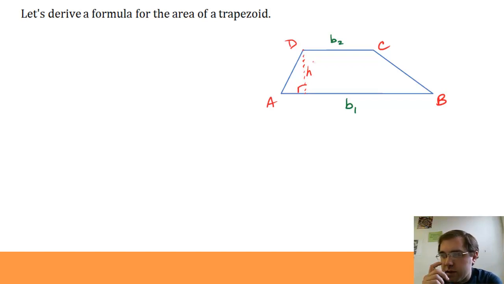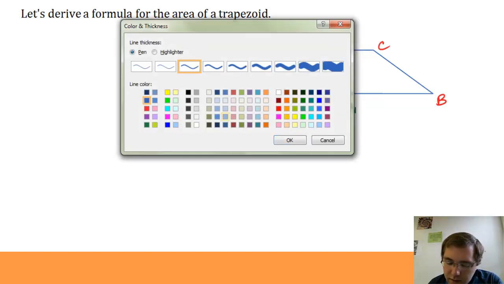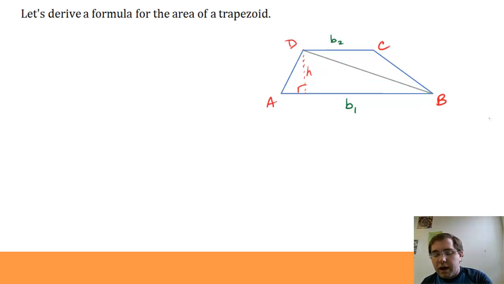Well, I could also draw in a diagonal of this trapezoid. The advantage of drawing that diagonal, imagine it's a nice straight line. Fine, I'll make it nice and straight for you. The reason I want to draw this diagonal is so that I break up my trapezoid into two triangles.